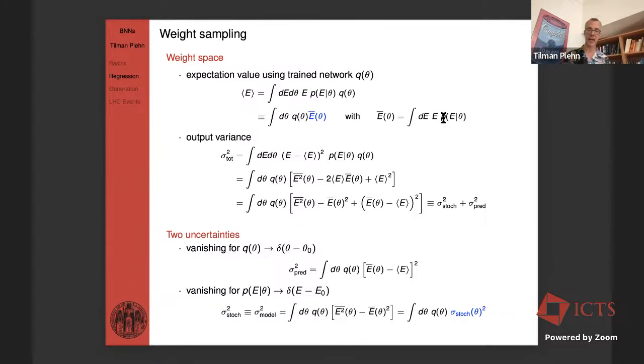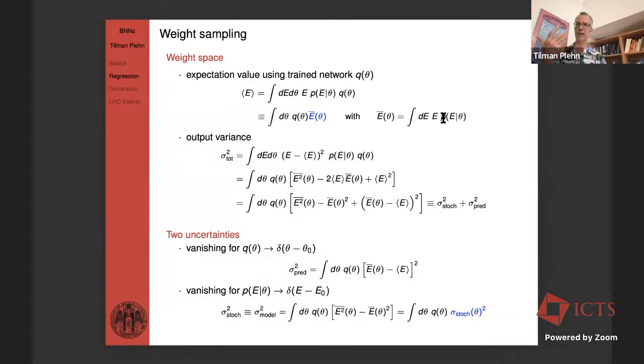That vanishes if my energy probability, which has nothing to do with the training or the network, that's the data, is actually narrow.